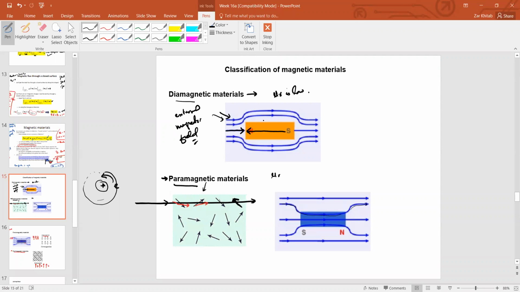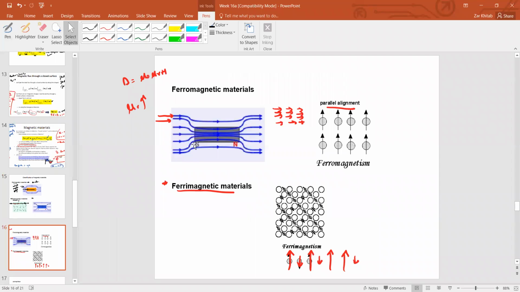So the diamagnetic materials reorient themselves opposite to the external magnetic field. So they try to cancel the external magnetic field. But again, remember, very weak. That's why they are diamagnetic materials.